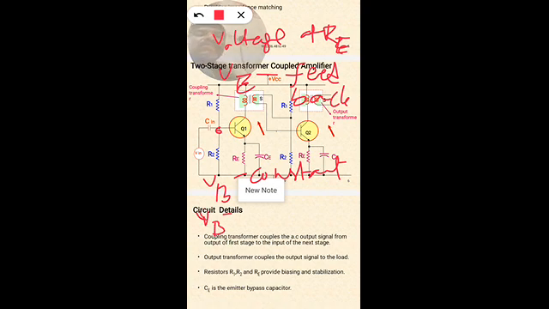So VB, the base voltage at the input, is equal to VBE of the transistor plus VE. In each stage, the base voltage VB is equal to VBE, the voltage across the base emitter terminal, plus the voltage across the emitter terminal.